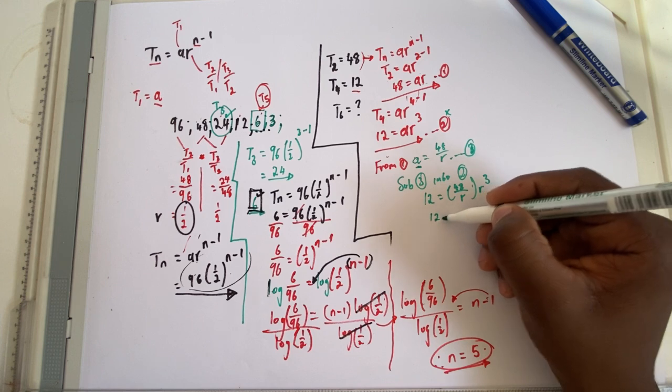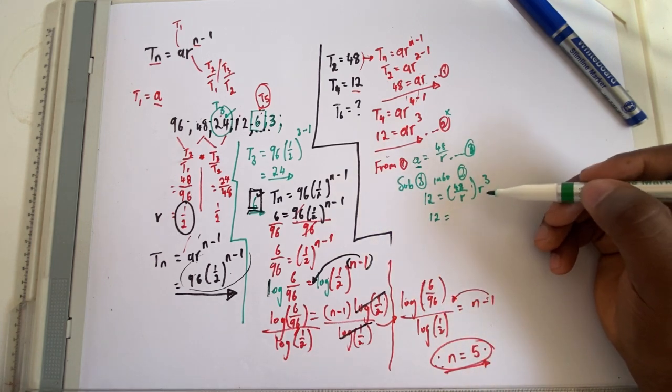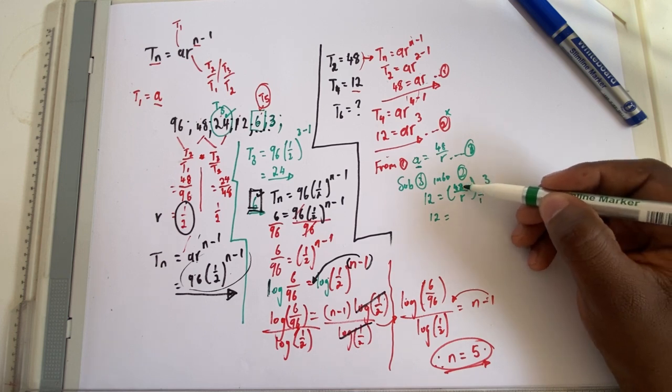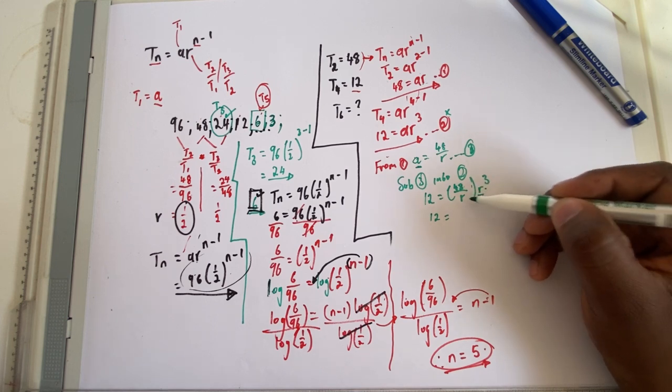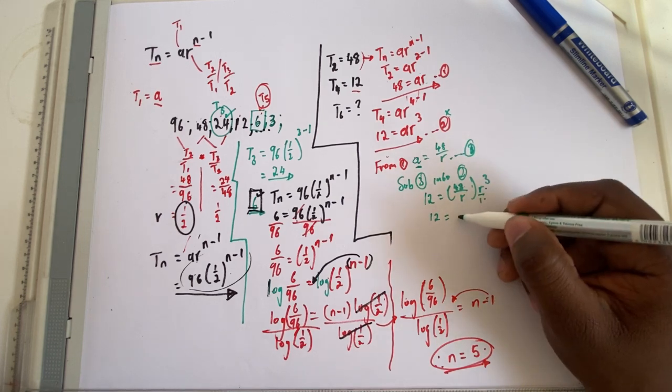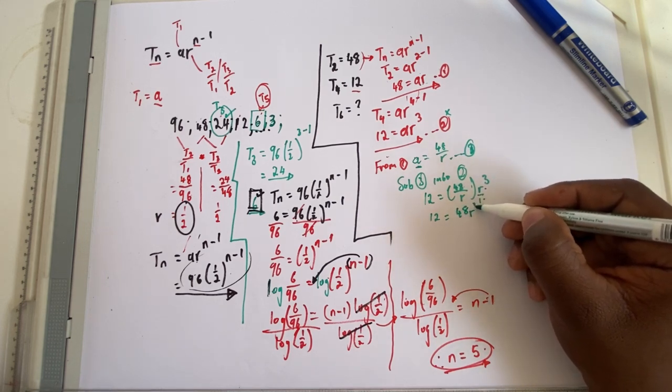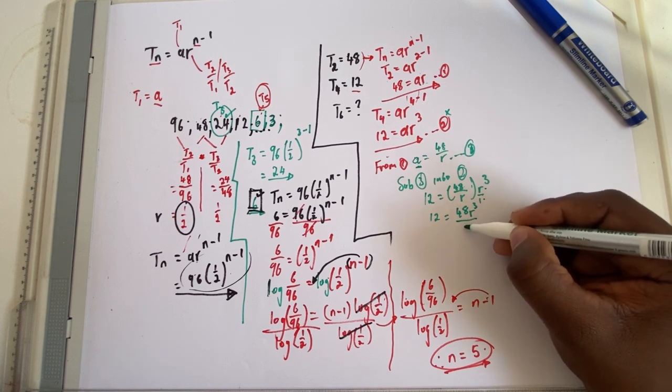Then I have 12 equated to... You know that this r to the power 3 is like a 1 there. So this will multiply with 48, and the 1 will multiply with r. So I'll end up with 48 r to the power 3 divided by r.